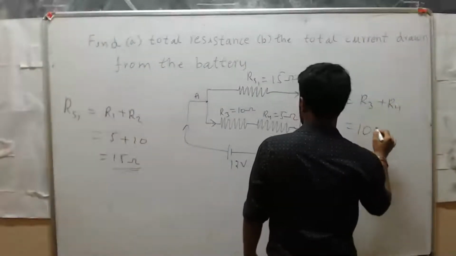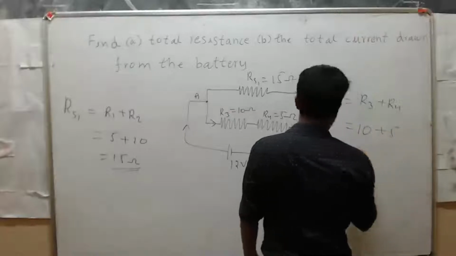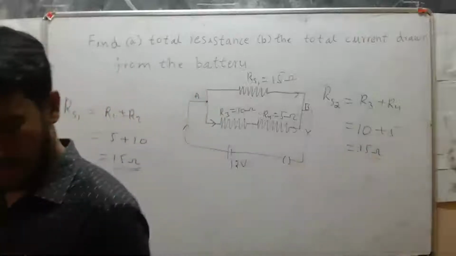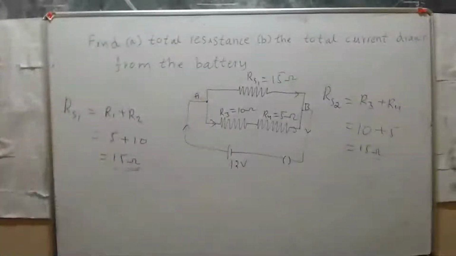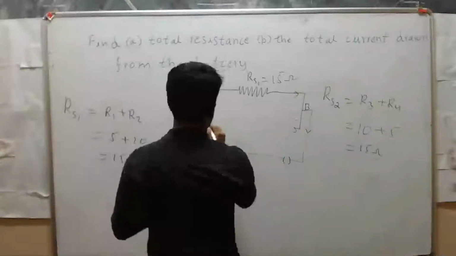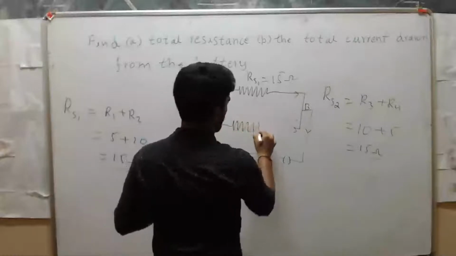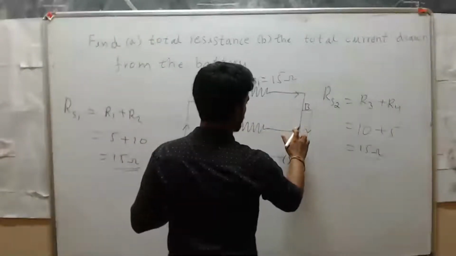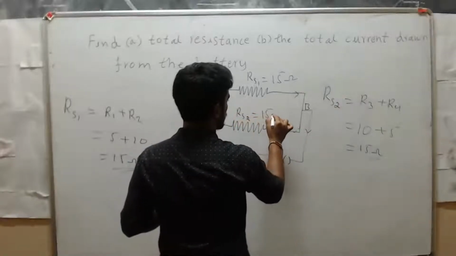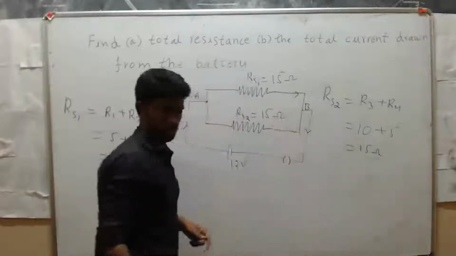This is 10, this is 5, so we get 15 ohm. Clear? Yes, 15 ohm. Next, you can redraw this circuit. RS2 is equal to 15 ohm.